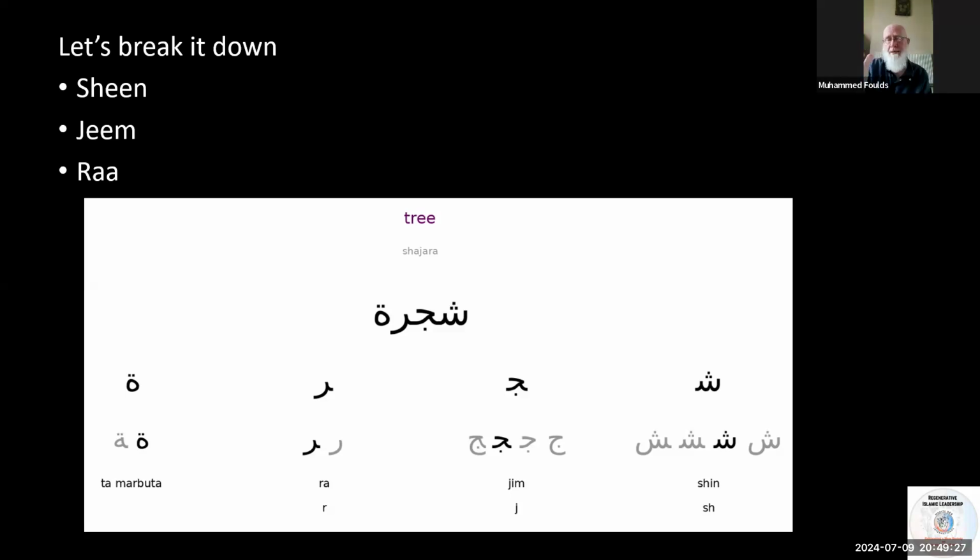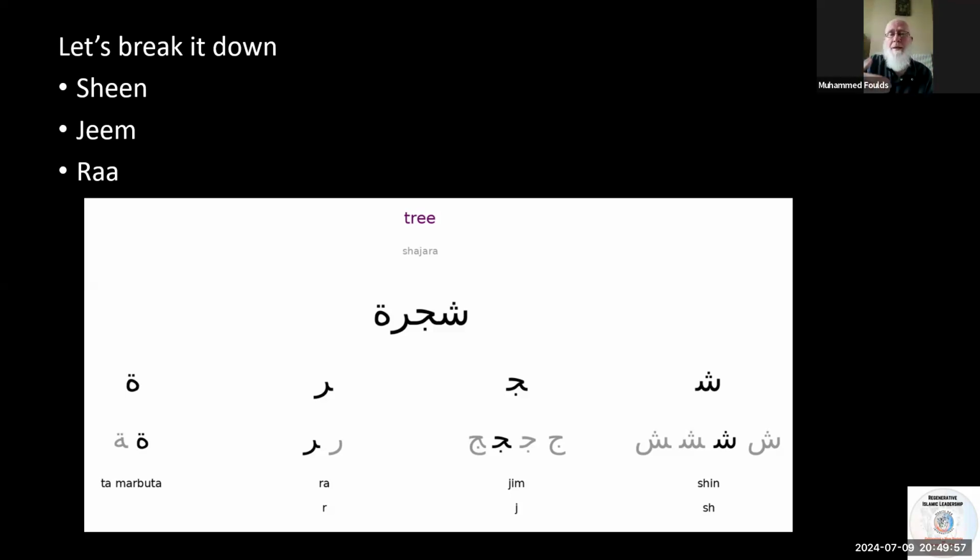So you've got three letters, which has given you the name of the tree. Sheen, Jim, and Ra. We understand it: spread, disperse, assembly, join, and order. So even if we take just that one letter, this is connecting us to the Nazm of the Quran, structure, ordinance, and coherence. So we're delving further into this beautiful science.